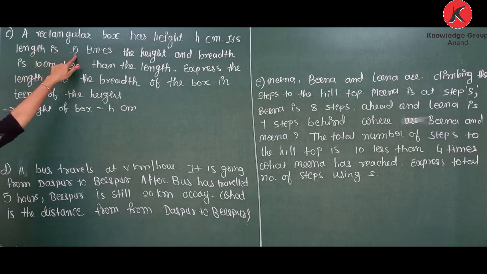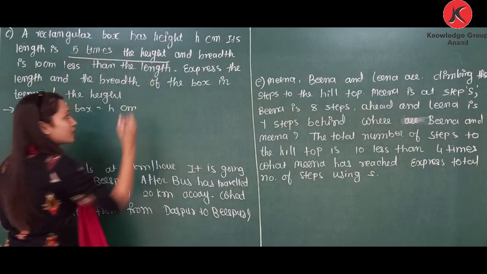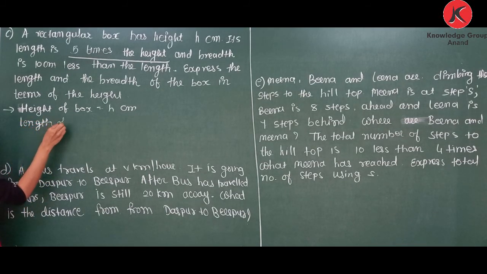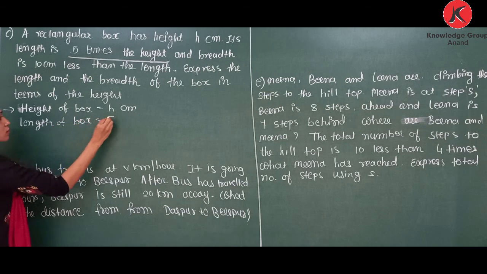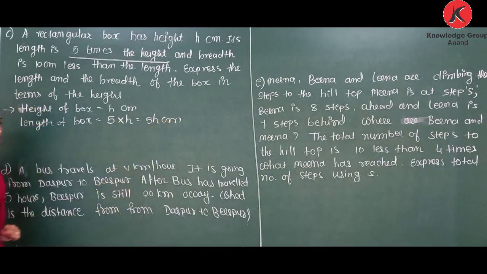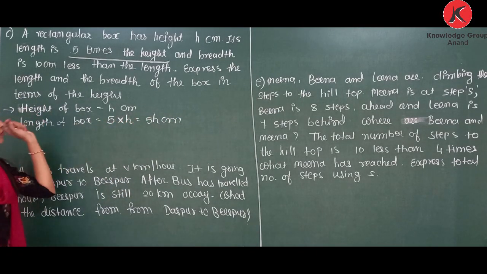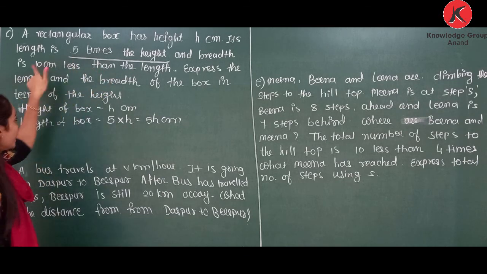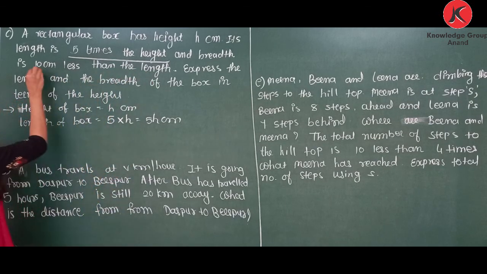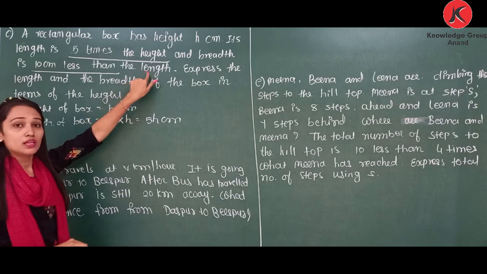Its length is 5 times the height. So the length of the box is 5 times height, that is 5x centimeters. The breadth is 10 centimeters less than length. 10 centimeters less means subtraction of 10 from the length.